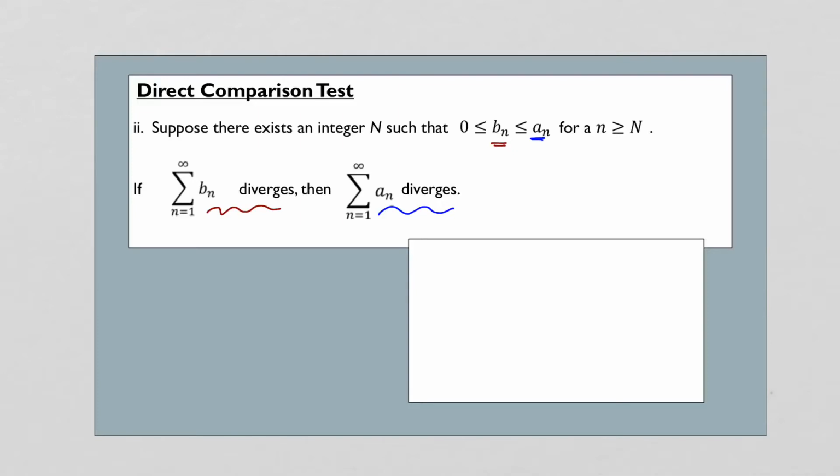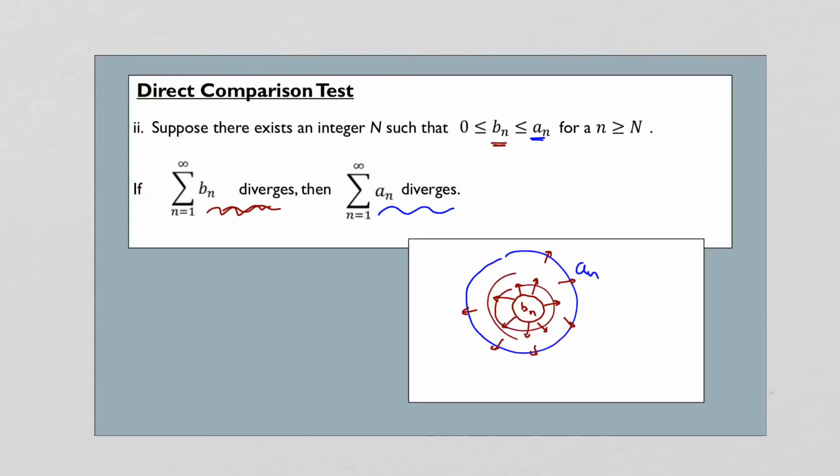Pictorially, if b sub n is smaller than a sub n, so we think of a smaller circle and a sub n being a larger circle on the outside, then if b sub n diverges or explodes, diverging to infinity, it takes with it a sub n.